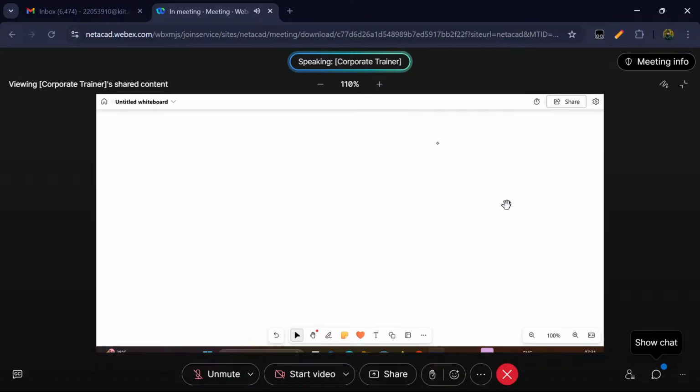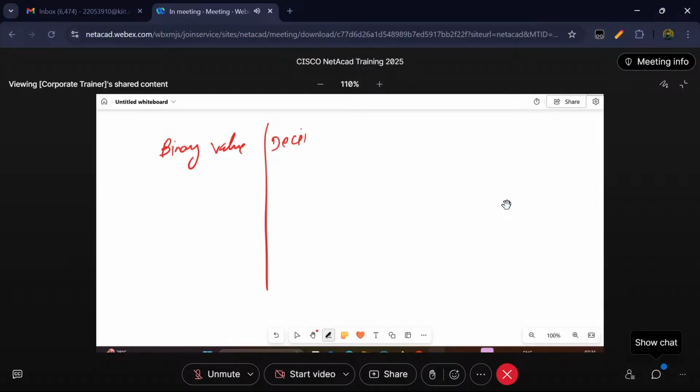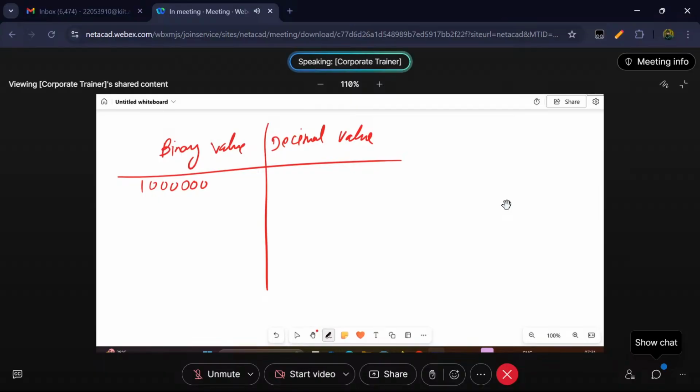Let me write here binary and decimal values for some numbers, because these are the numbers that will be used every time. So we have the binary values, and then we have the decimal ones. So in decimal we have 128, right?